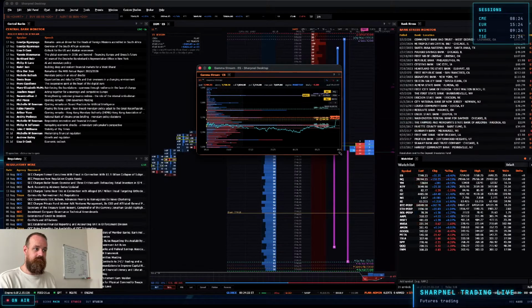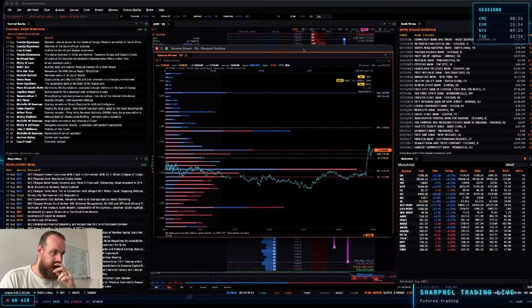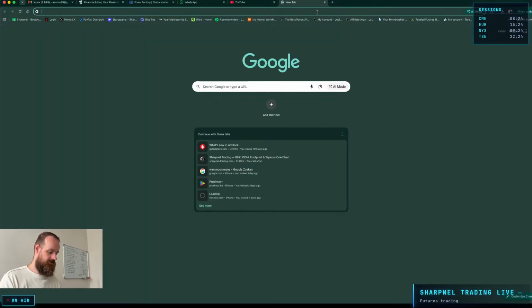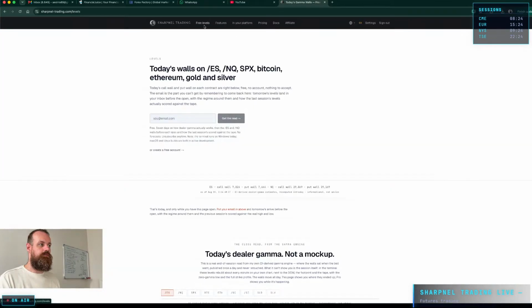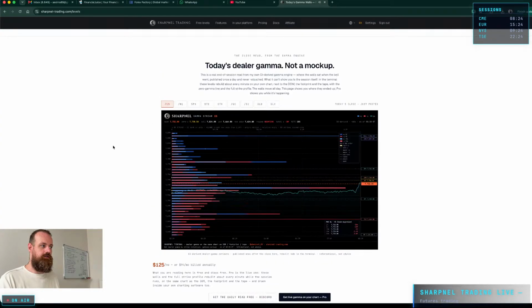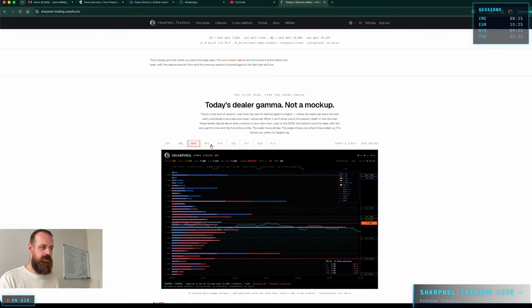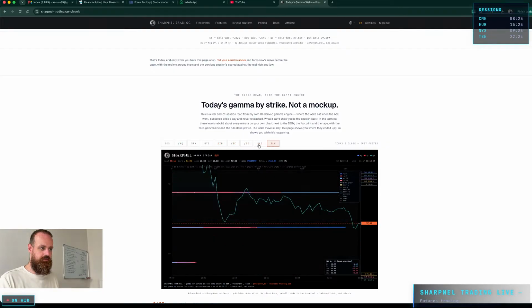Let's have a look at the gamma. By the way, I'm also working on some other gamma levels, and I might already be able to show you that if I go there to... So if you go to 3 levels over here, I started out with ES and NQ, and now I also have SPX, BTC, ETH, gold, silver.